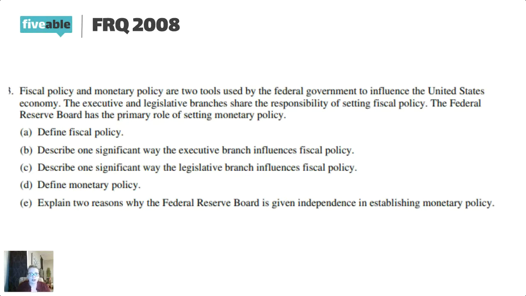Okay, so how does the executive branch influence fiscal policy? What do we say that the executive branch does to influence fiscal policy? What role does the president play? Because that's the executive branch, well, part of the executive branch, right?